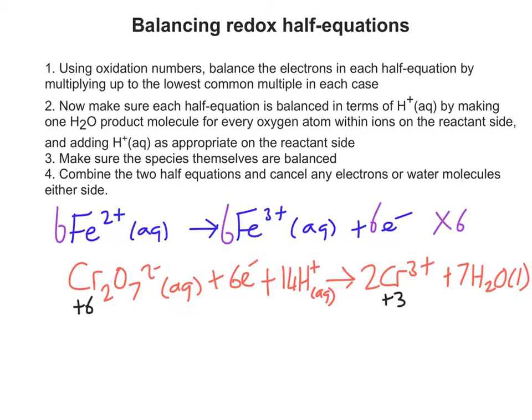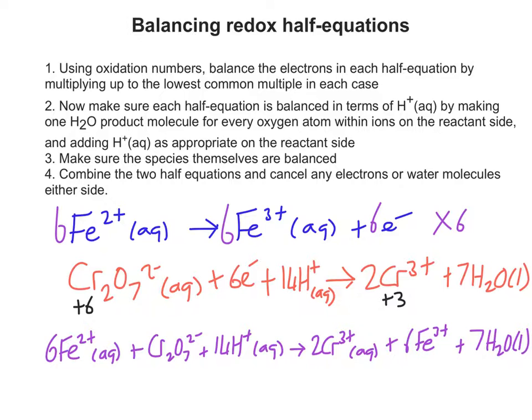So obviously what you've got to do is multiply up the oxidation by 6 because each oxidation generates 1 electron and the dichromate ion requires 6 electrons to be reduced. Cancelling out the electrons in each half equation gives us the overall balanced redox equation: 6 Fe2+ + Cr2O7 2- + 14H+ gives you 2 Cr3+ + 6 Fe3+ + 7 H2O.